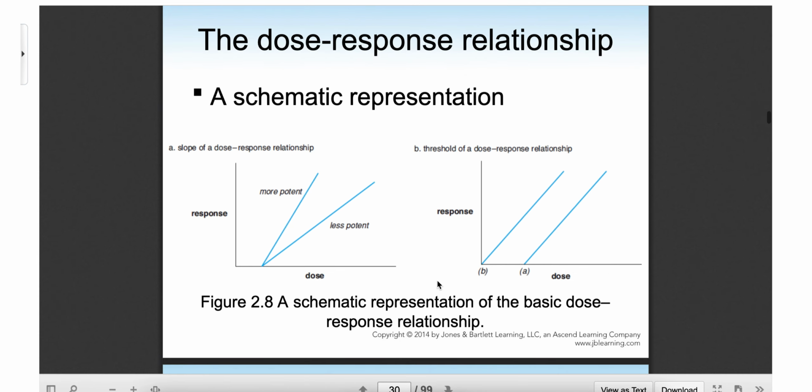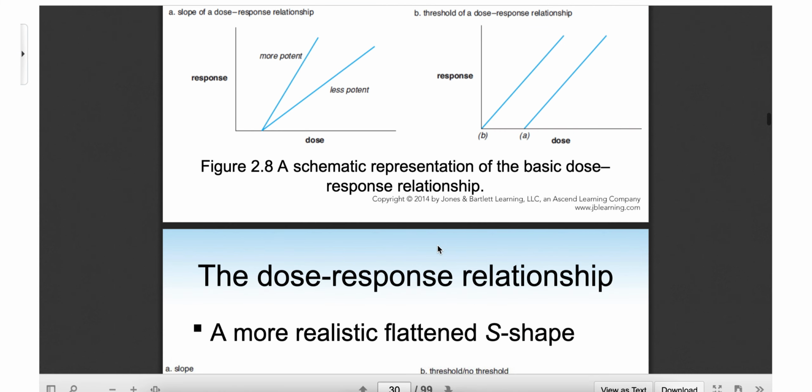And so you can see here these dose-response relationships, how something can be more potent or less potent, and how those doses can occur. With B here, you can see that one-to-one relationship. But with A, what we see is that you have a certain dose where you get no response, and then eventually enough builds up in your body and you start showing that response.